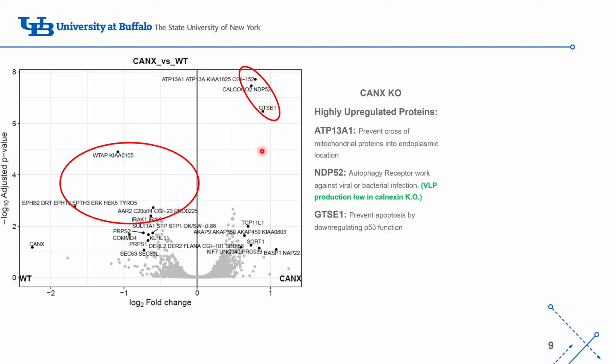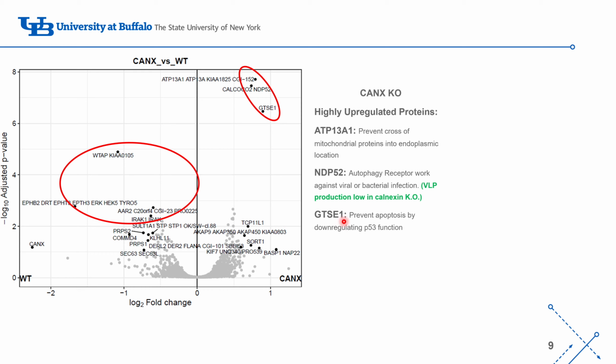Whenever the cell experiences any viral or bacterial infection, these autophagy receptors get activated. So this could also be one of the reasons why we do not see high VLP production in the experiment Chi conducted, or Chi reported in Science Advances.